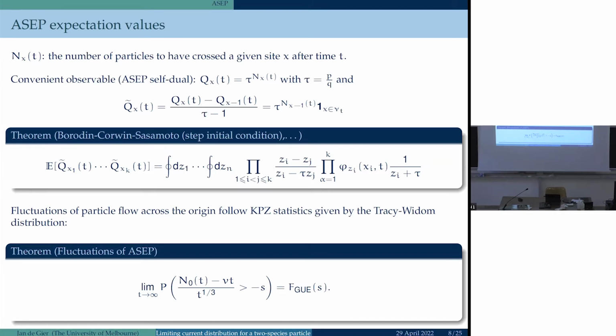That can be done, and out of this you can again find that, if you look for example at the origin, the net number of particles crossing the origin at time t has a leading part that is deterministic, linear in time. You subtract that, and then the fluctuations are of the order t to the 1/3. You divide by that, this converges for large time to a number, and the probability that that number is at most some fixed number s is again given by this GOE random matrix type of distribution. So the same as for KPZ. This is in the same universality class as KPZ. This is what's called KPZ universality.